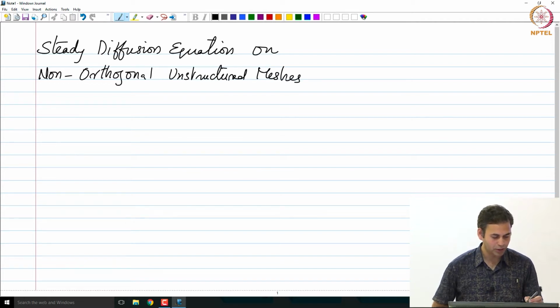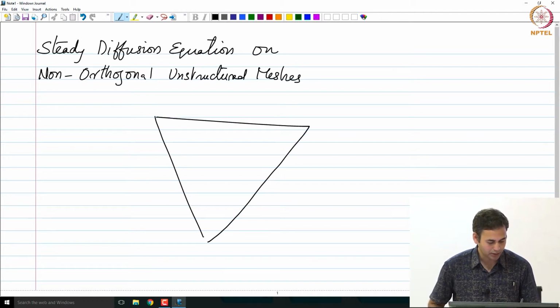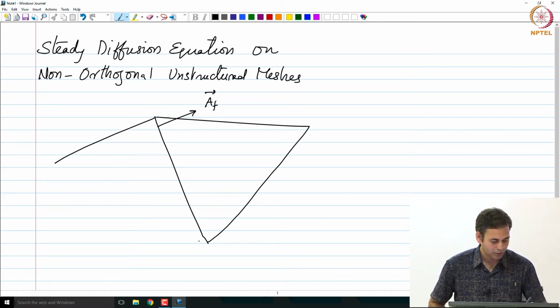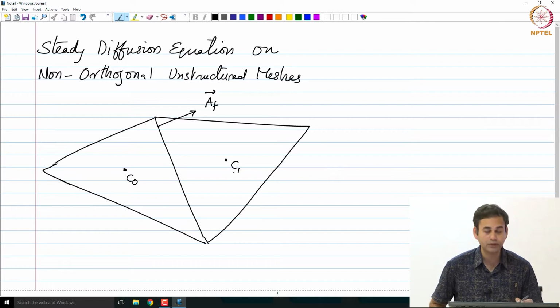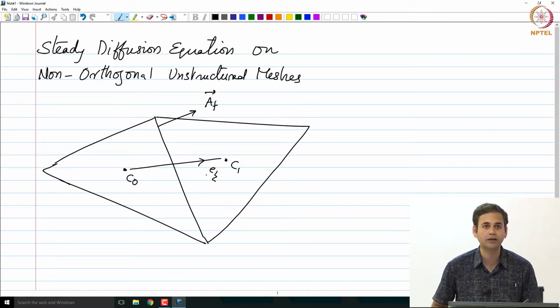So we have drawn a schematic for our notation for discretizing the equation. We have a C0 cell and a C1 cell, and this is our AF bar. This is our C0 cell centroid, this is our C1 cell centroid, and the line connecting them is along E xi, which is not parallel to AF bar.